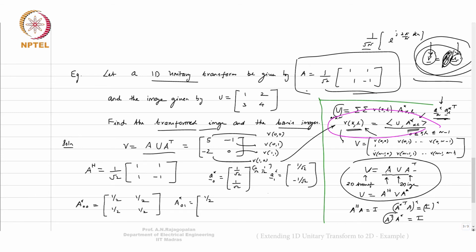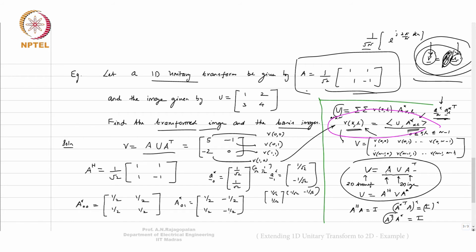So this is like this guy. So A0 star 1 by root 2, 1 by root 2, then 1 by root 2, minus 1 by root 2. So what will you get? 1 by 2 minus 1 by 2, 1 by 2 minus 1 by 2.